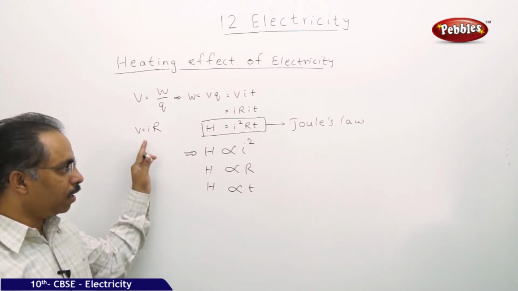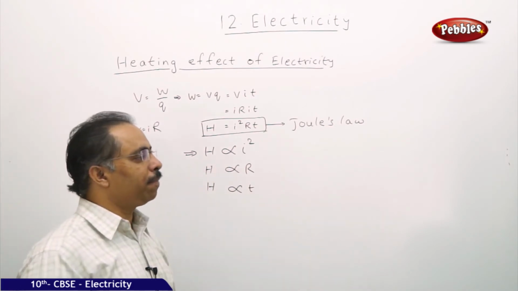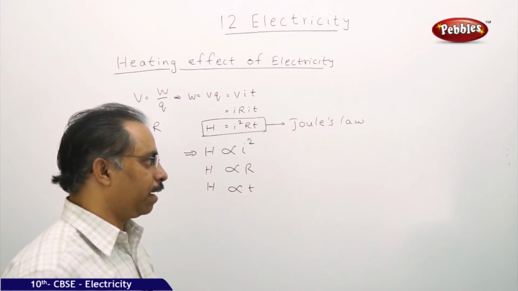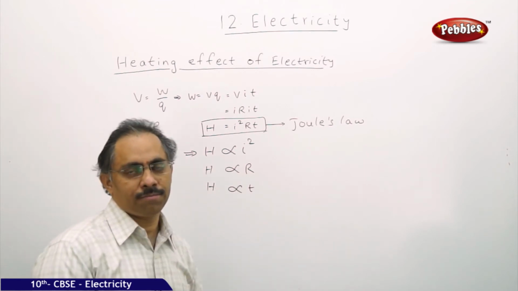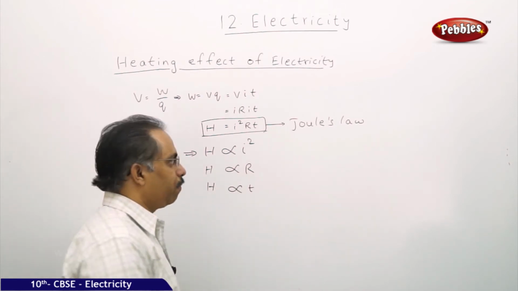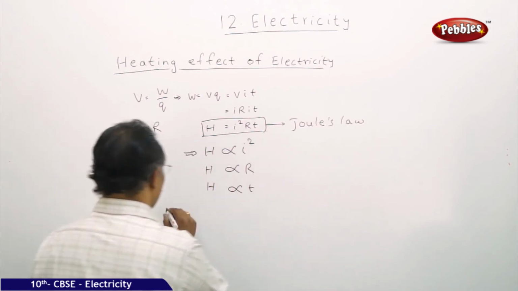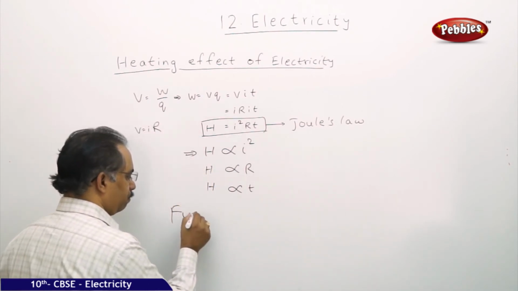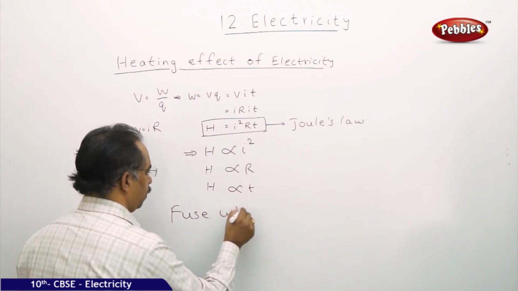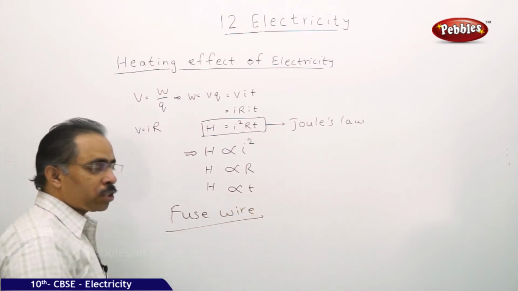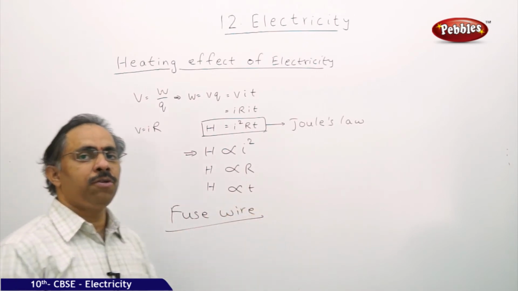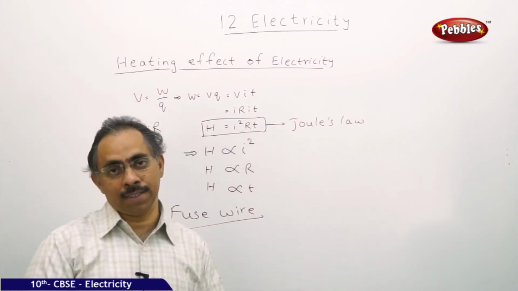One of the most important applications of the heating effect of electric current is the fuse. You might have heard about the fuse wire. It is very commonly used. We may have fuses in household supplies at different levels.